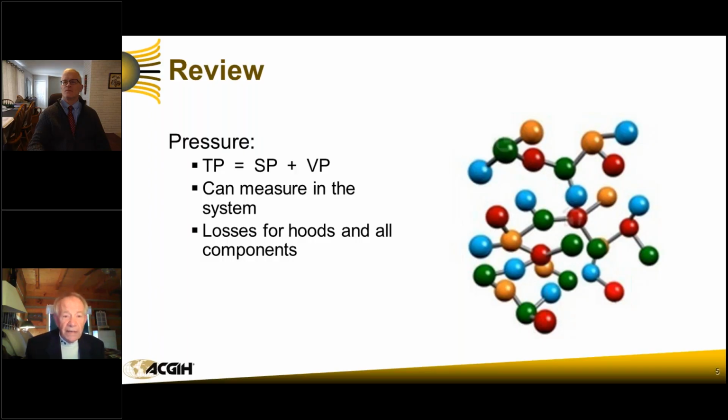These are the pressures we can measure in the system. And then we can sum all the losses for the hoods and all of the components. And then we can eventually choose a fan that will do what we have asked it to do and protect the worker, obtaining the proper volumetric flow rate, otherwise known as CFM or ACFM, at the hoods in such a fashion that with the work practices and how they approach their work, it will collect 100% of the contaminants.